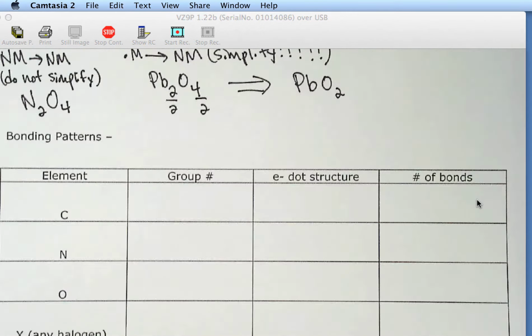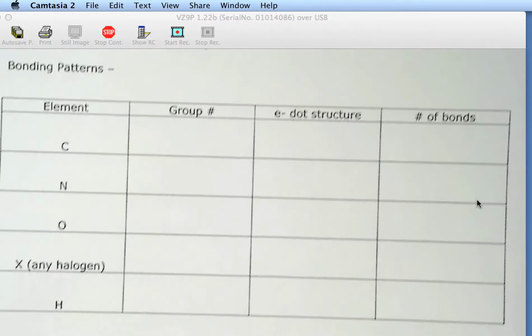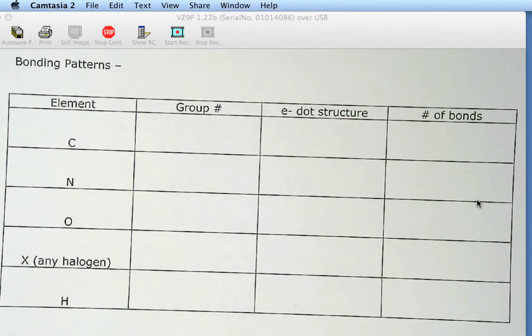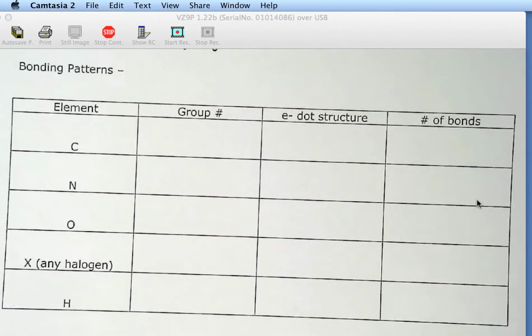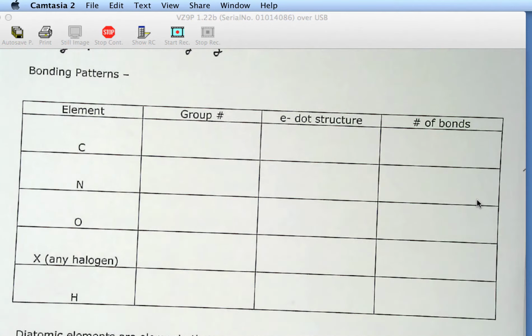But I'll give you lots of practice and kind of teach you ways to recognize, classify ionic covalent first. So is the reason that they don't simplify on a non-metal is so you can kind of visualize how that molecule is constructed as we get to organic?